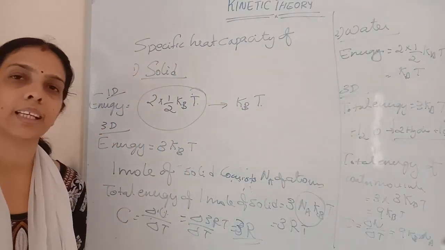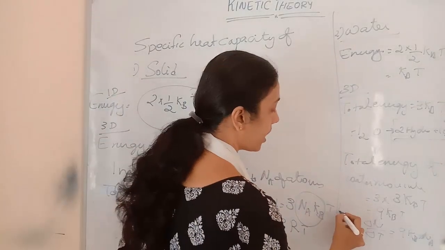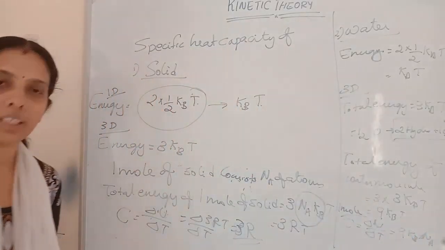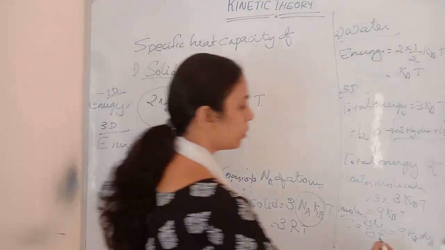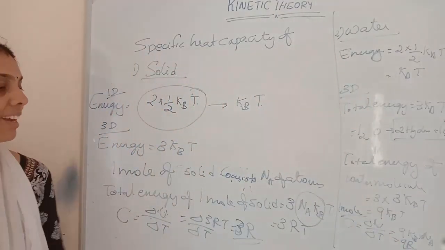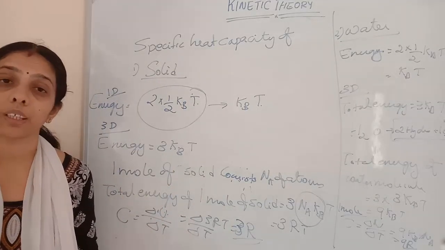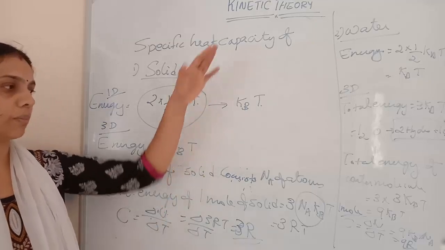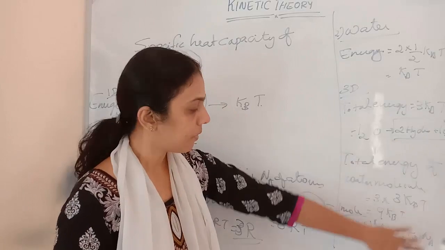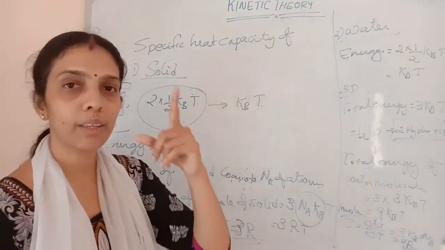What is that value? 9 into R, universal gas constant. So 9R is also a constant. Why is this 9 coming? Because it has 3 atoms, 2 hydrogen and 1 oxygen.